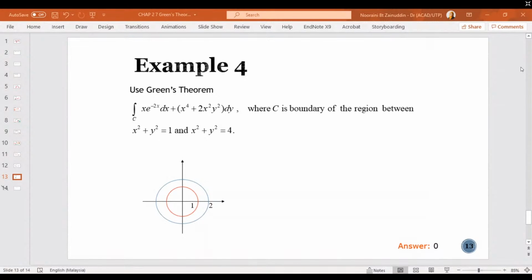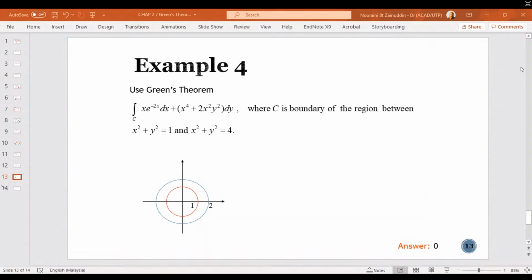If you refer to the slide in your uLearn, we have this one example. If you are wondering why you have the r there, it is because every time you change dx dy to r d theta, you have to multiply with r. Okay, so for this example, you can try.